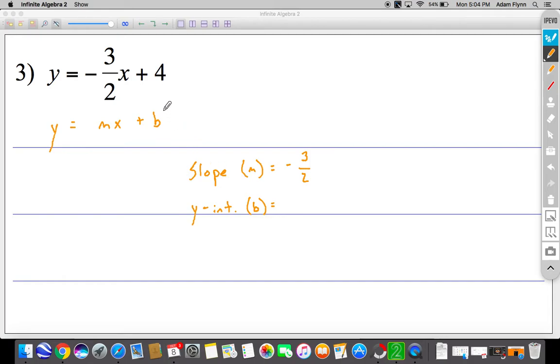And my y-intercept, or my b, is +4. So my y-intercept will be +4. If at any point I start going too fast for you, just make sure you pause the video before I erase things and take your time.